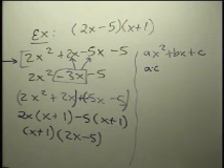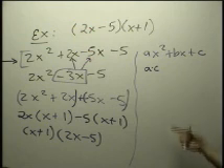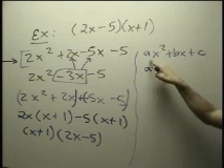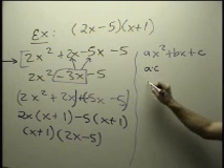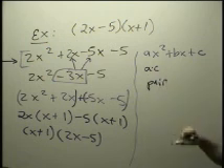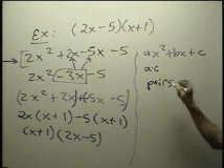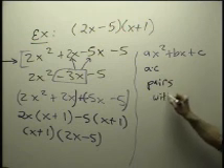From there, it's very similar to factoring a trinomial with leading coefficient 1, because we're going to be looking for pairs of numbers whose product is AC.